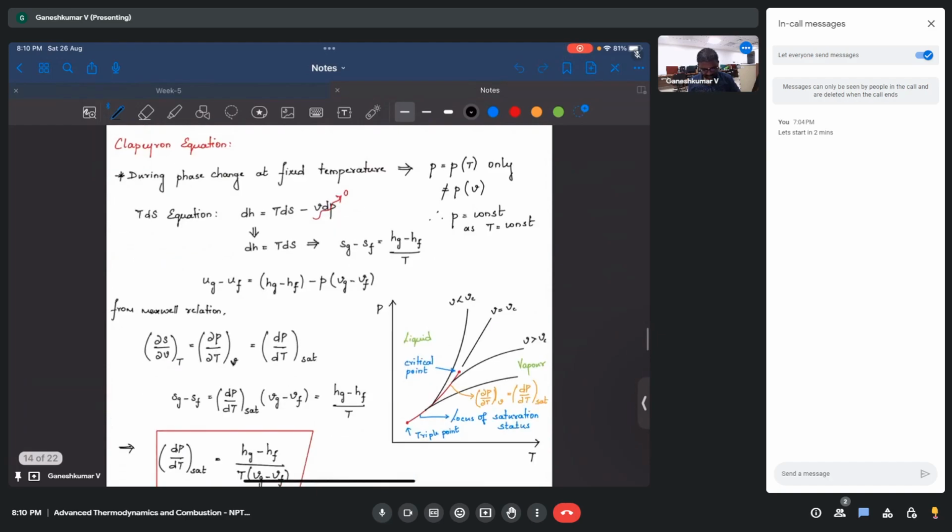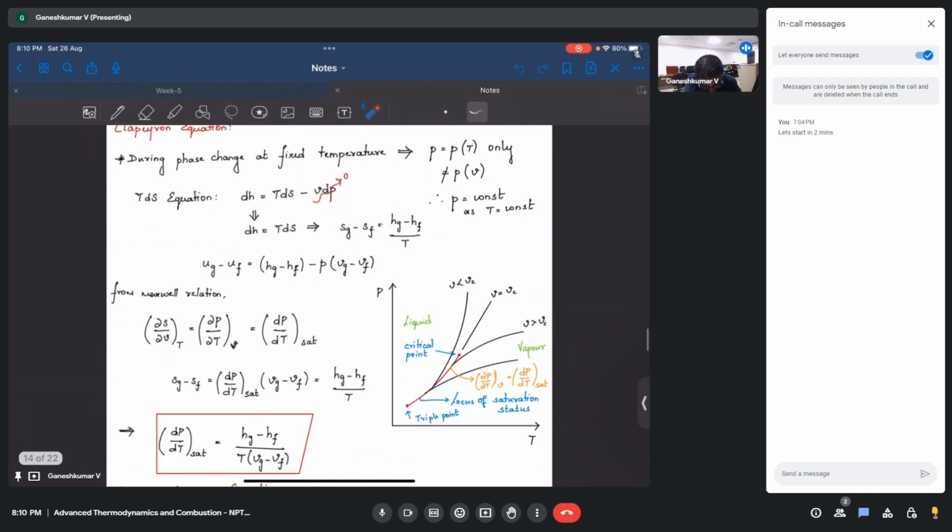So this is the Clapeyron equation derivation, right? In this, what happens during phase change? It's going to be at fixed temperature. So this pressure is also going to be only a function of temperature, right? So this part goes to 0. So dH is TdS. That is what we use now. So s_fg is equal to h_fg by T. That is what we use now, right?